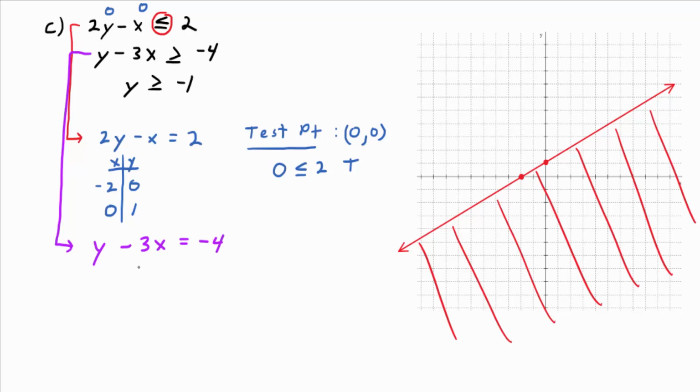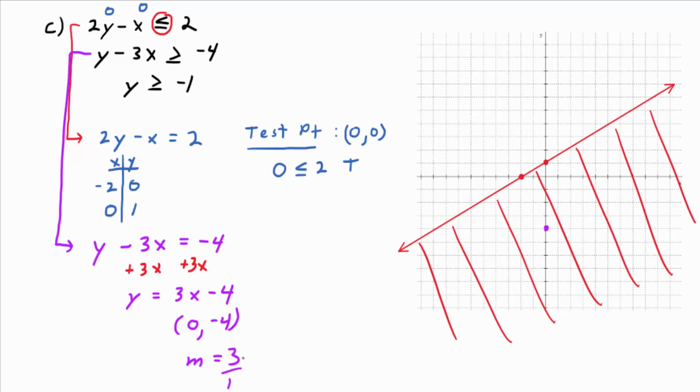And what we'll do for this one, we'll just add 3x to both sides, and graph this one using the shortcut because we'll have y equals 3x minus 4. So hopefully you can see that the y-intercept is 0, negative 4, and that the slope is 3. So we'll go to 0, negative 4.